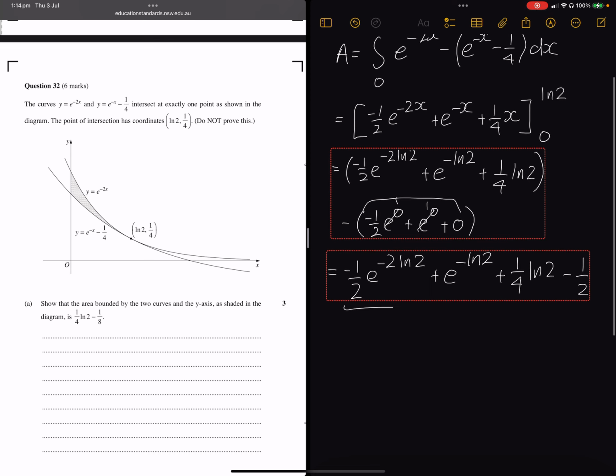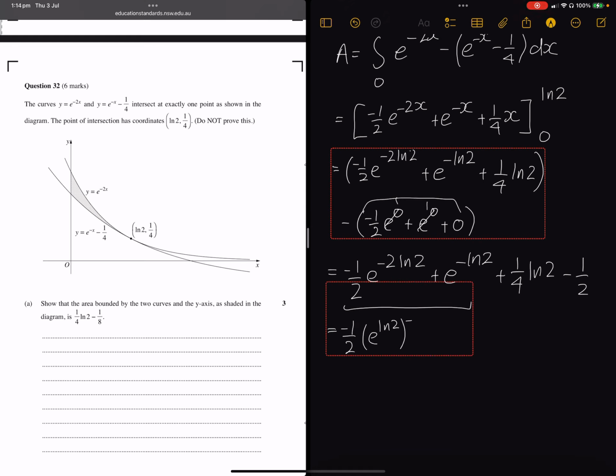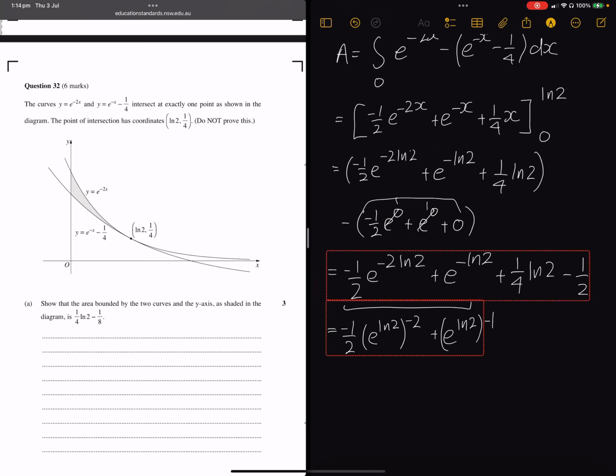So now we just need to simplify these first two expressions. We're using index laws. The first one we can rearrange to be minus a half times e to the ln 2 all to the minus 2. And the second one by index laws can become e to the ln 2 all to the minus 1.